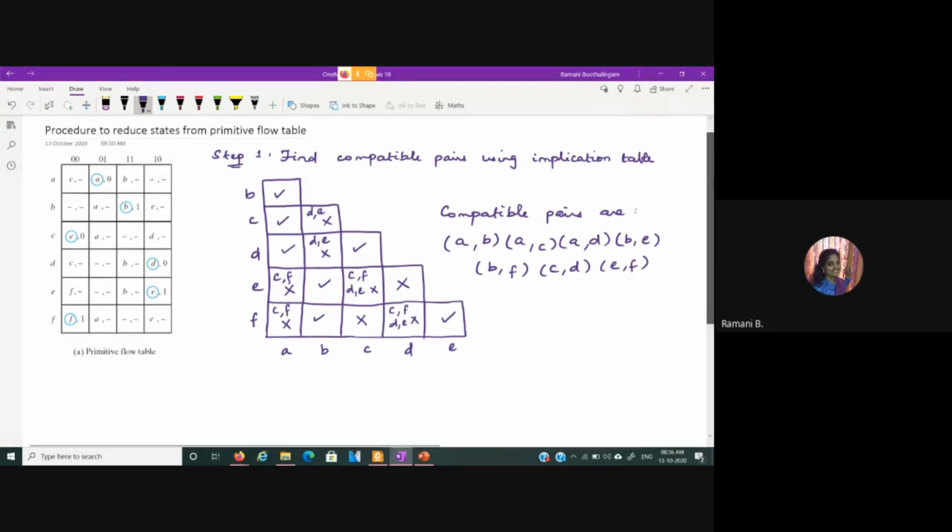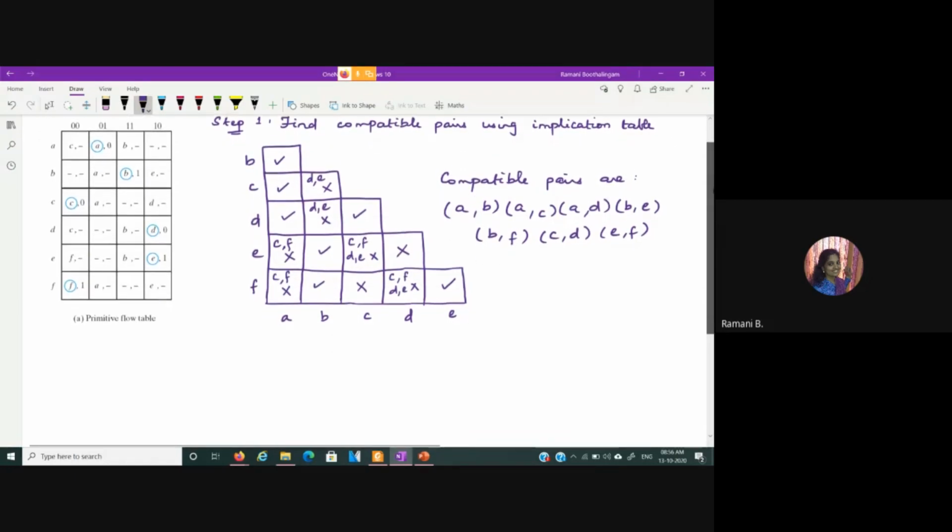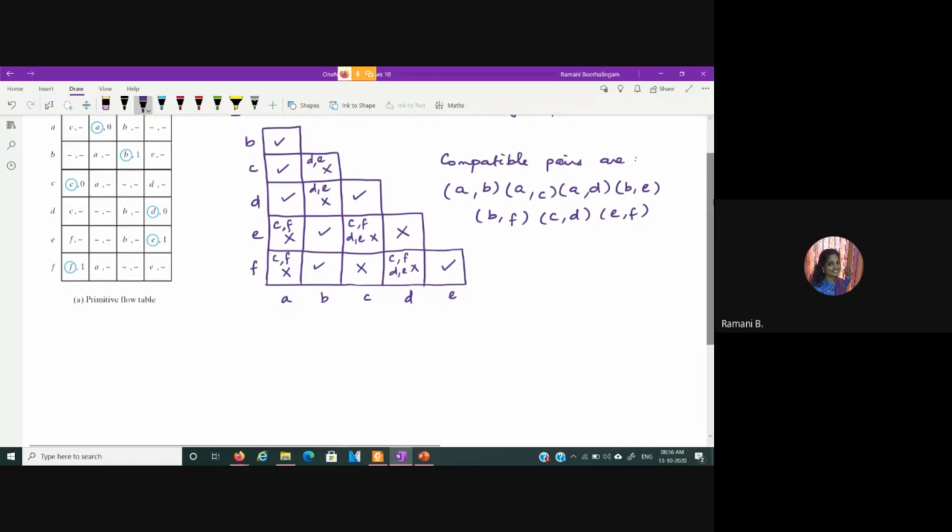Next, we need to give the maximal compatibles. So for that, we use something called a merger diagram. So step 2 is find the maximal compatibles using the merger diagram.